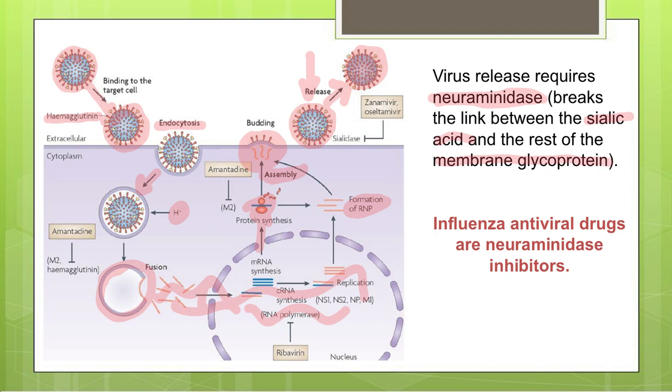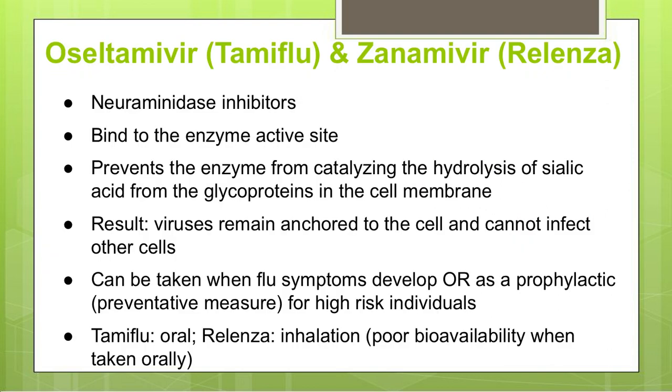And so influenza antiviral drugs are neuraminidase inhibitors. Essentially, they block this enzyme, the neuraminidase here, and so the viruses get stuck to the cell surface of the host cells and are no longer able to release. And so that's how these antiviral drugs work.